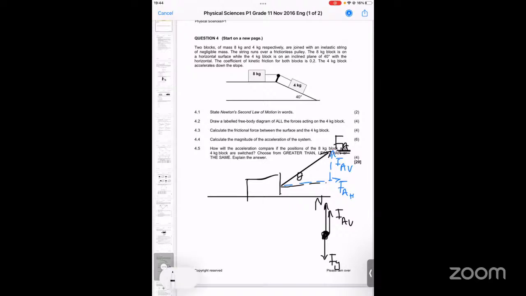What I drew there is for the purpose of calculations, but for a labeled free body diagram, Liseko, it is best to show it like that and say this is my force applied. But when you do calculations, you need to remember that you have Fg, the normal force, and force applied vertical.